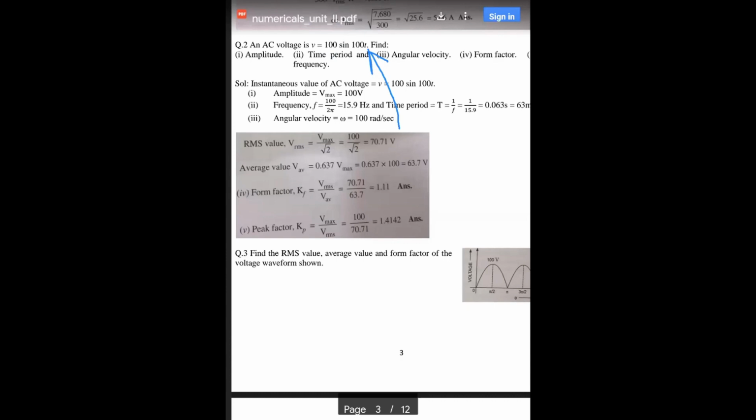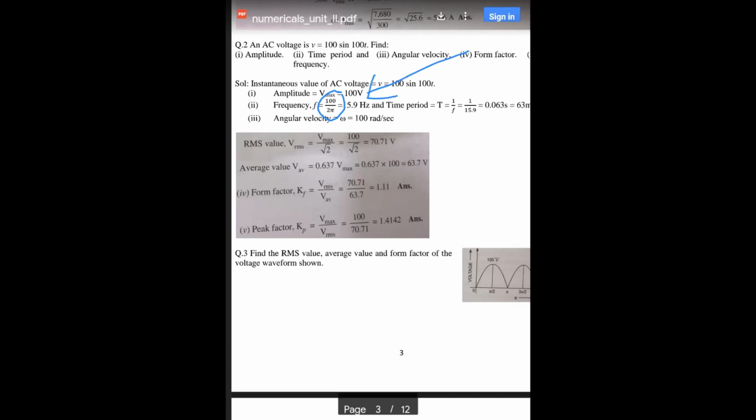We know that this is 2 pi ft or sine omega t, it is all the same. So 100 is divided by 2 pi to get the frequency, which in the SI system is in hertz.